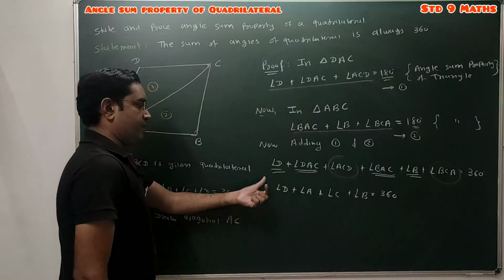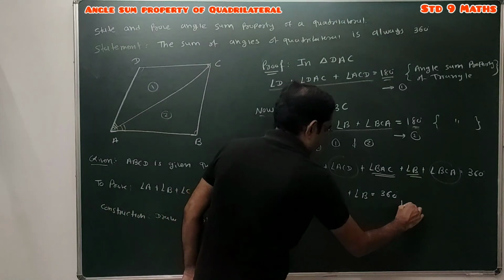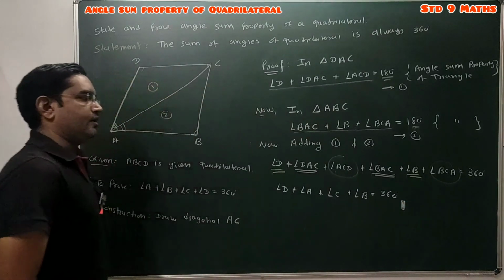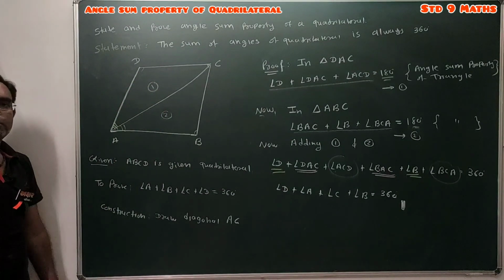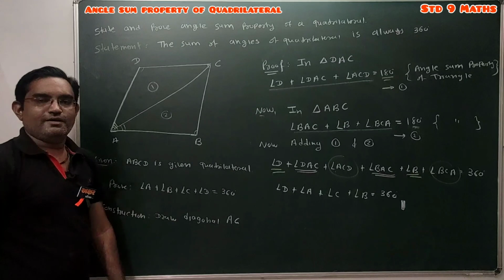So it's angle A plus B plus C plus D equal to 360 degree, and it proves the sum of measure of all the angles of quadrilateral is always equal to 360 degree. Clear students? Pause the video and note it down.